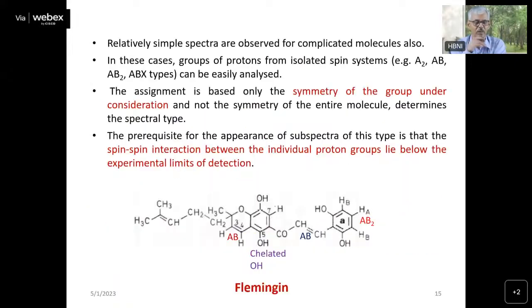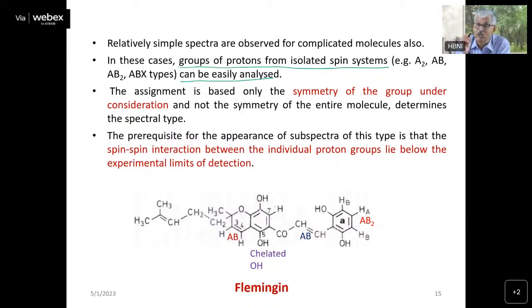Now, as I told you, although in bigger molecules there are virtually no symmetry elements in the whole molecule, we still see simple spectra. In these cases, you will see groups of protons forming isolated spin systems. The spin system can be A2, AB, AB2 or ABX type, and they can be analyzed.